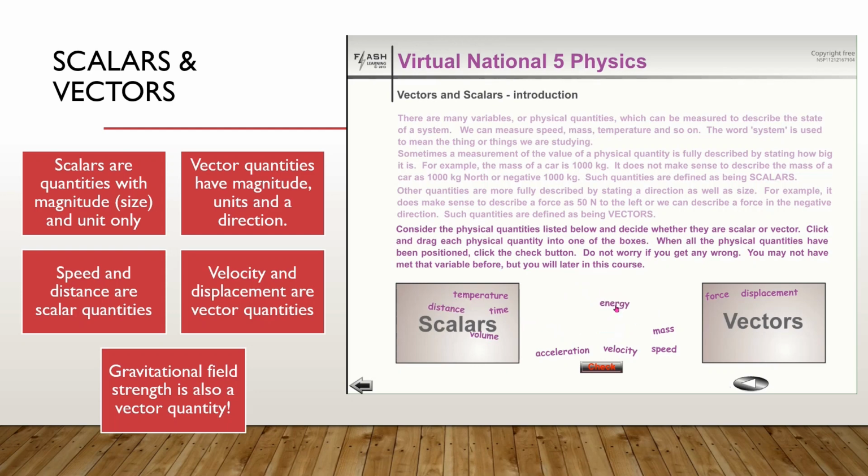Energy, scalar. Mass, scalar. Speed, scalar. Velocity, vector. Acceleration, vector. So basically what you want to do is remember the vector quantities and everything else is a scalar. So any force is a vector, and then you've got displacement, acceleration, and velocity.